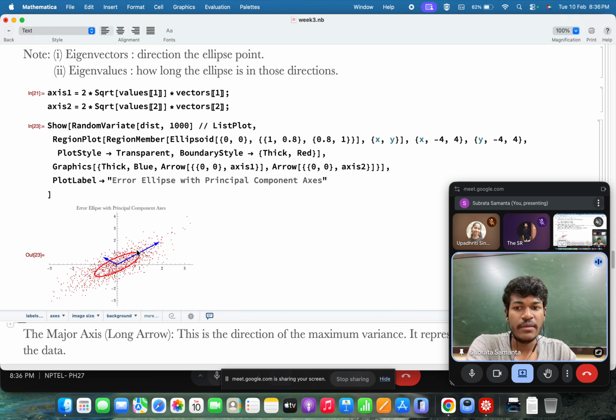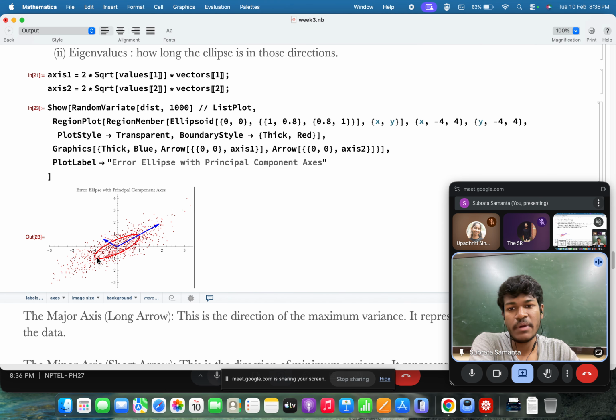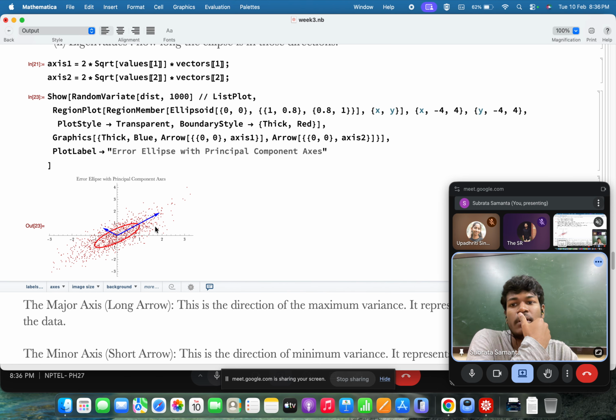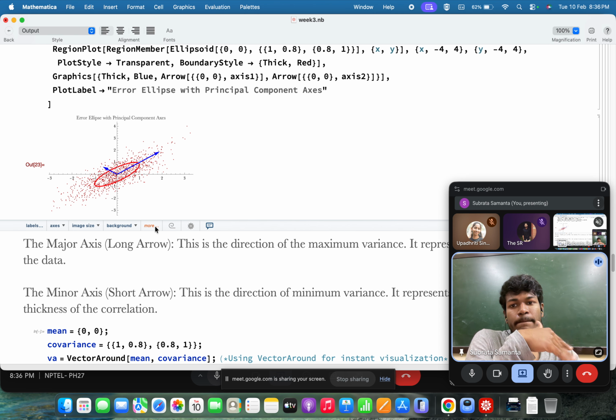That is why your ellipse is this way. The major axis is large because in this direction the eigenvalue is also large, and the minor axis is small, that is why the ellipse looks like this. So this is your 95% confidence level ellipse with the arrows.